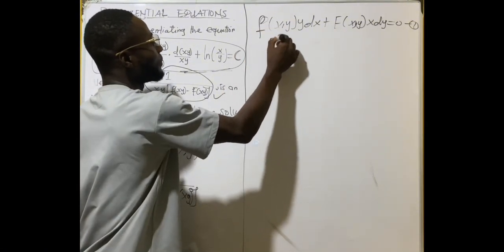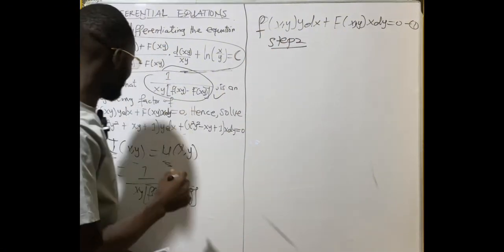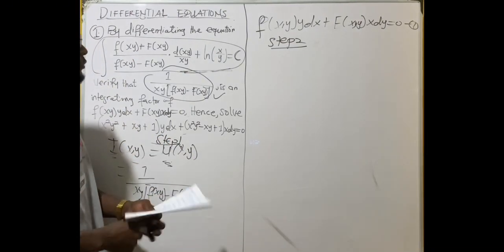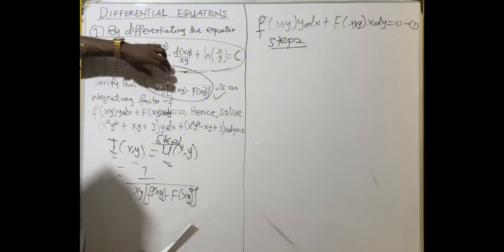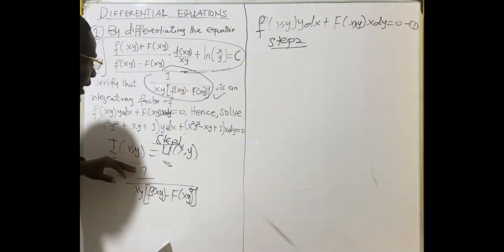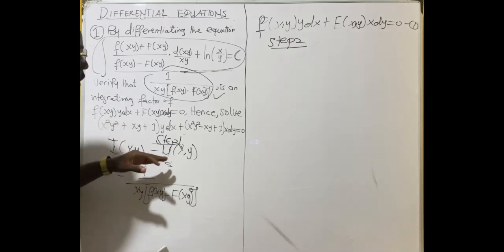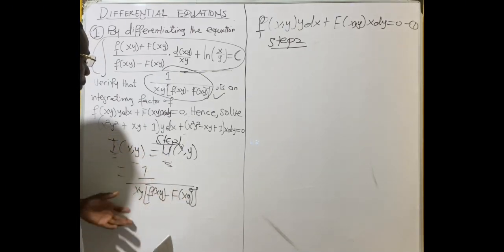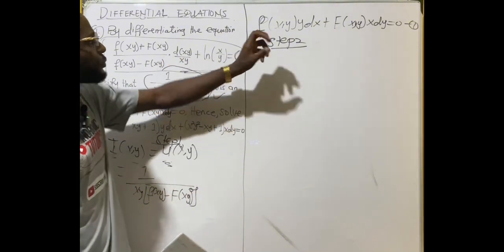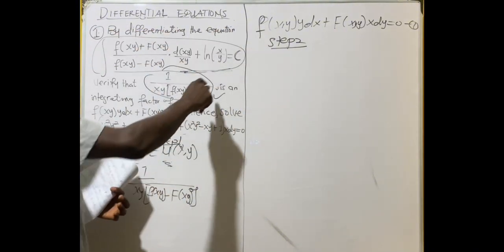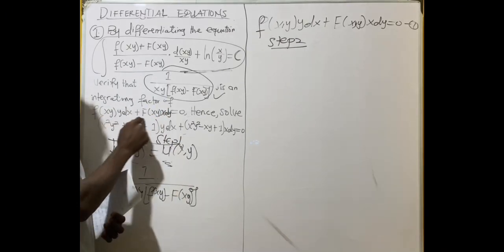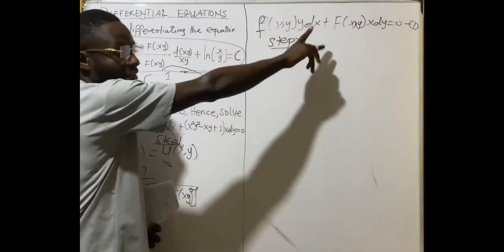Now, step 2. This is our step 1, don't forget. Once you let this integrating factor equal I of x comma y, or mu of x comma y, which is equal to the function that you have been given, then step 2: don't forget that this is an integrating factor of the function we named equation 1.